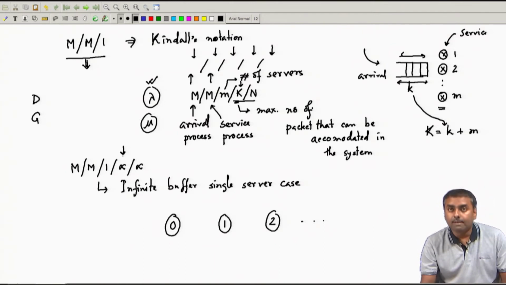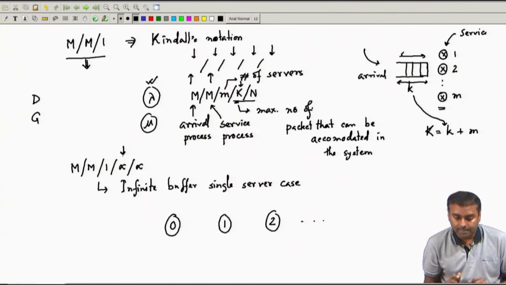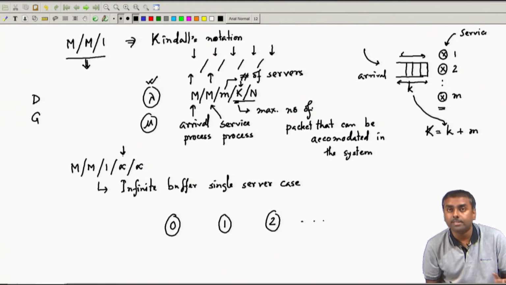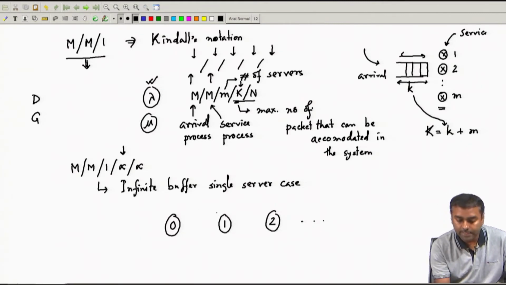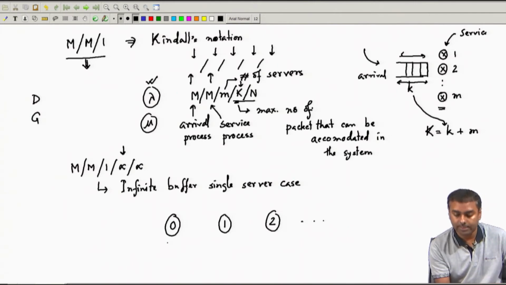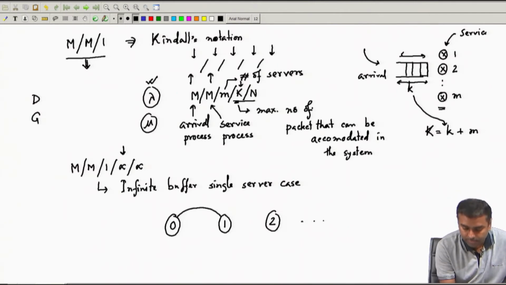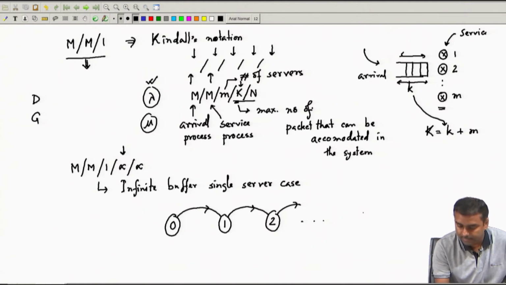Now, graphically I can represent this. You remember, due to the non-simultaneity principle, it can only go to the next state and it can come back to the immediately previous state only. So, there will be arrows over here, that is the transition rate matrix.